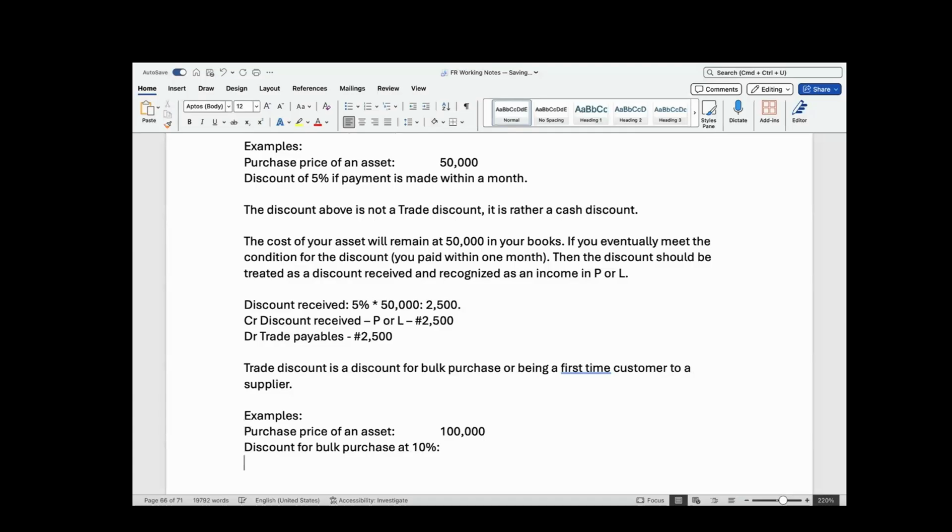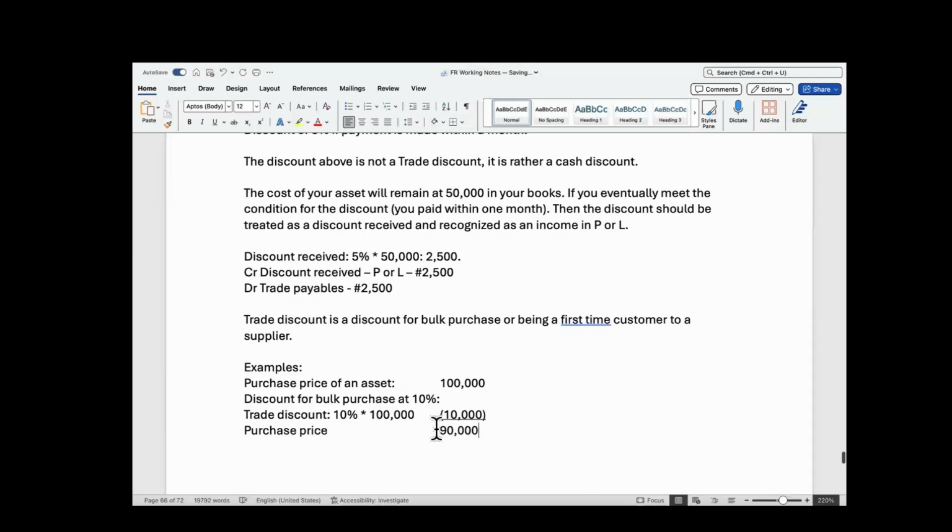In this case, we just deduct the trade discount, which is 10% times 100,000, which is 10,000. What you will record as your purchase price in your books is not 100,000, but 90,000, simply because you are getting this 10,000 outright.